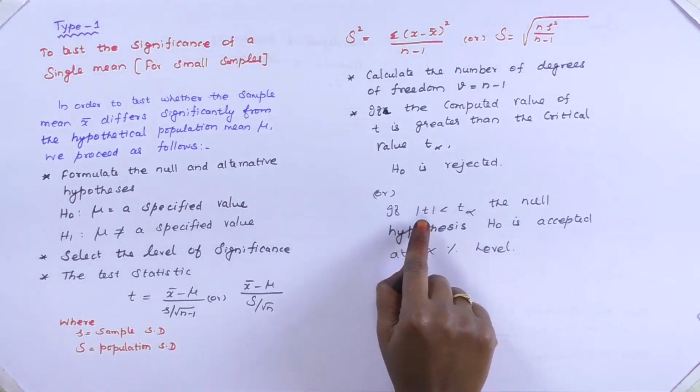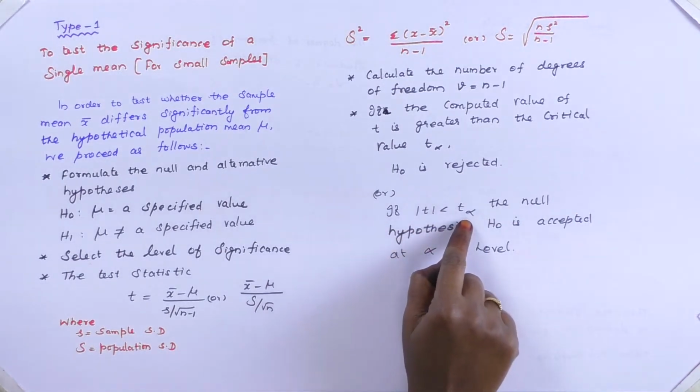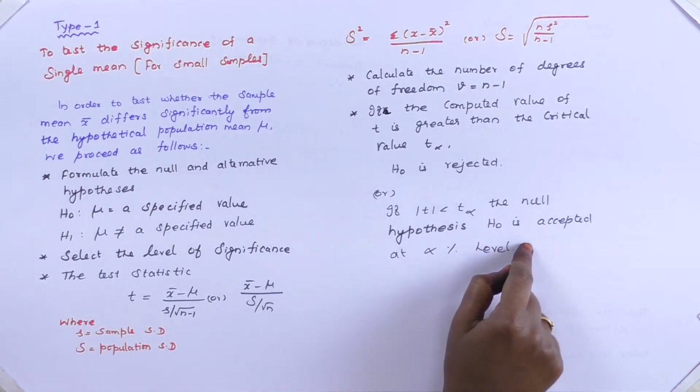If modulus t, that is the calculated value of t, is less than the tabulated value of t for the corresponding degrees of freedom at alpha percent level, then H naught is accepted.